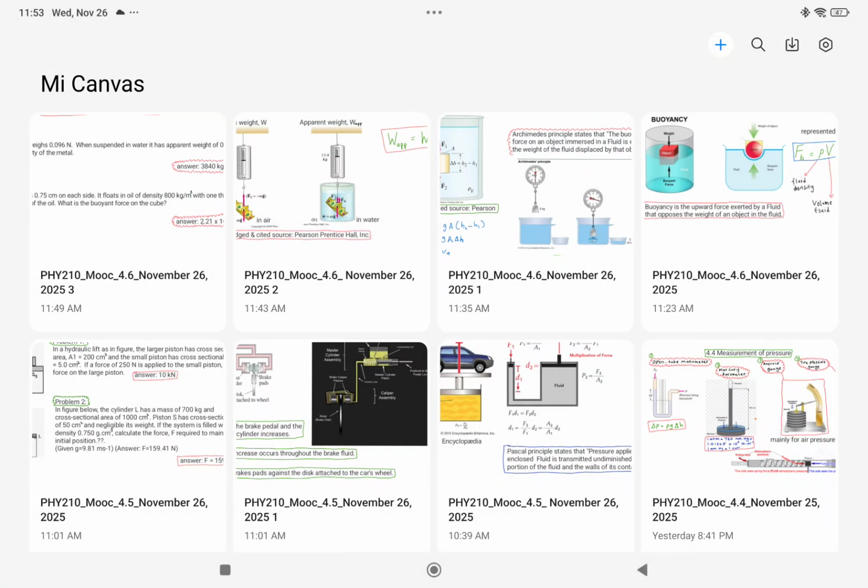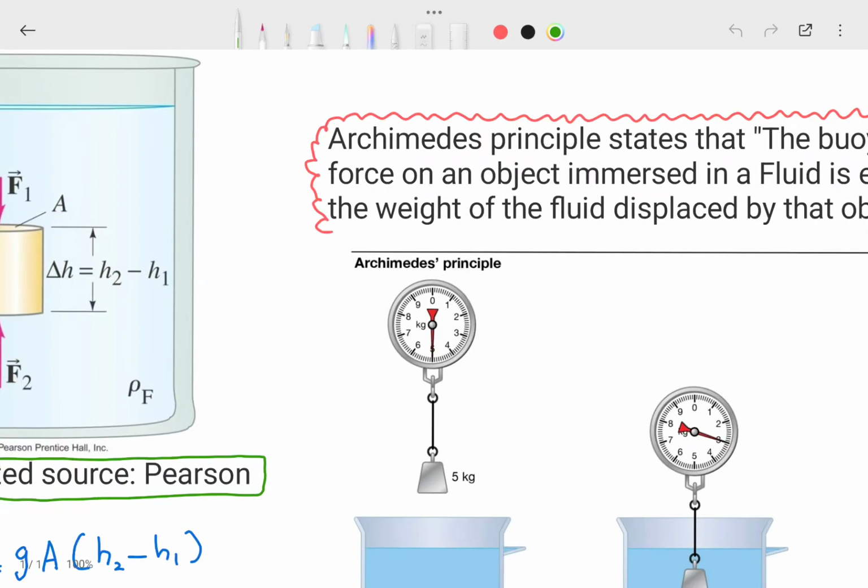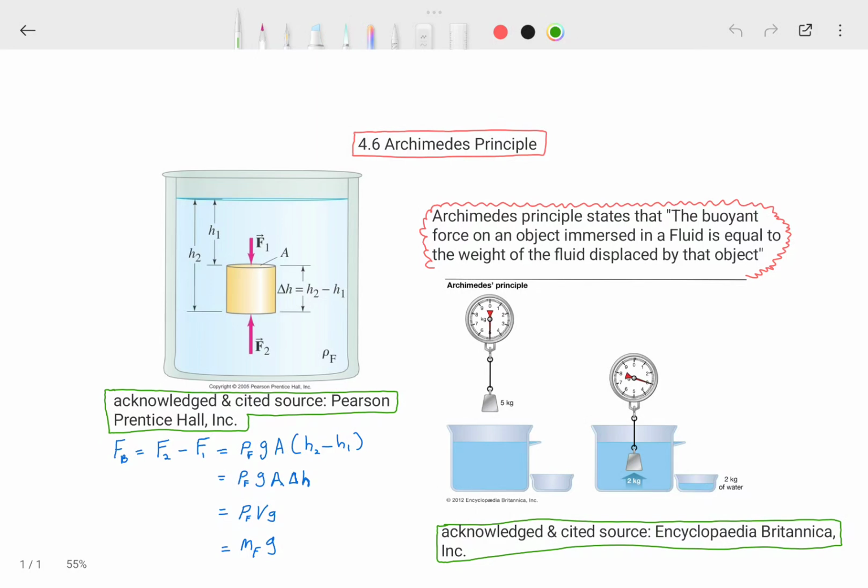Next, now let's introduce to you another principle we call Archimedes principle. So what is the meaning of Archimedes principle? Let's look at this picture.